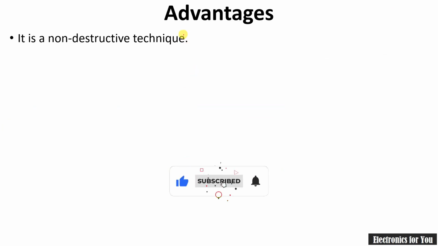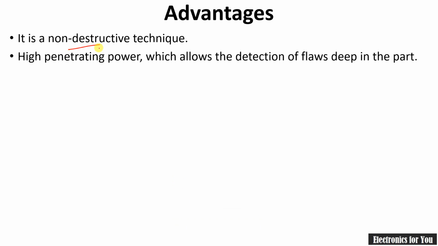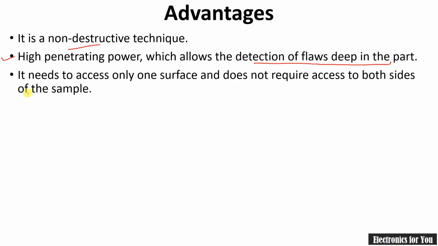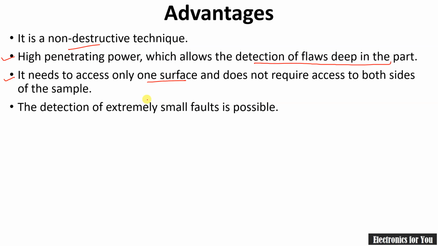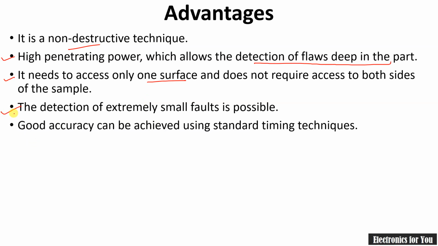Now let us see some advantages of this technique. It is a non-destructive technique, with high penetrating power, which allows the detection of flaws deep in the part. It needs access to only one surface. You will not require the second surface compulsorily. The detection of extremely small faults is also possible in UTM.